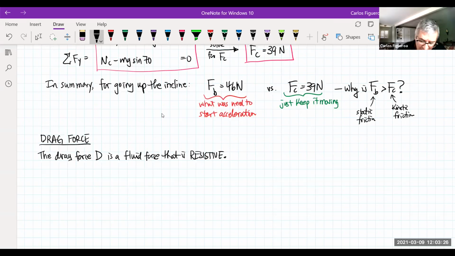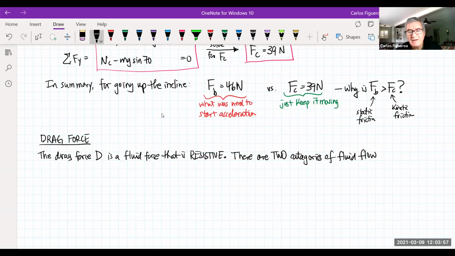What you're going to find here is that there are two categories of fluid flow. And the thing about these two categories is that you really can't separate them.